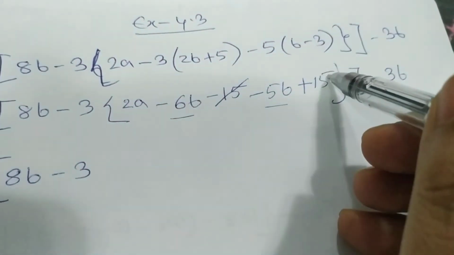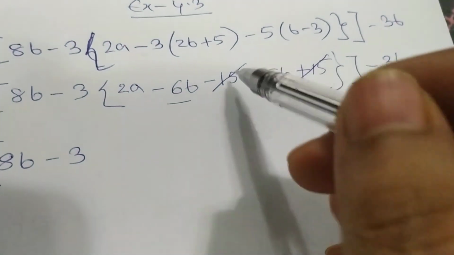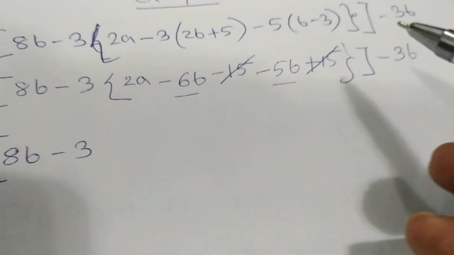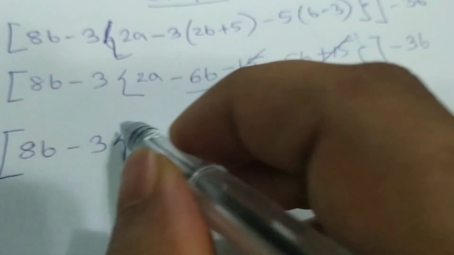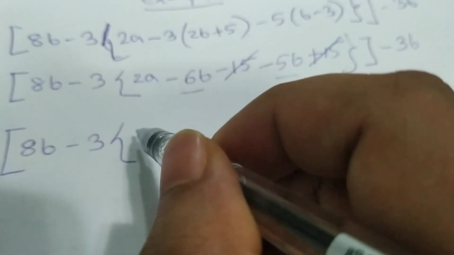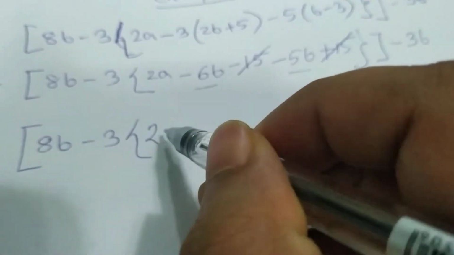So I can cancel out minus 15 and plus 15 over here, because it will be 0, and minus 6b minus 5b is 11b. So before even multiplying, I will try to reduce the terms so that it makes my problem easier.